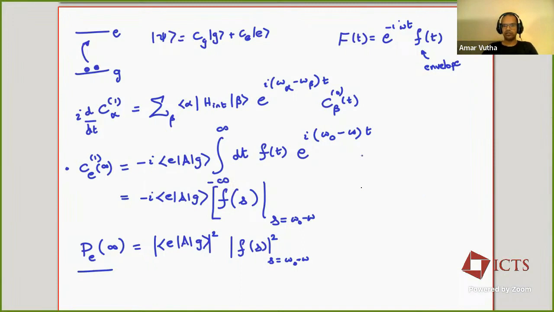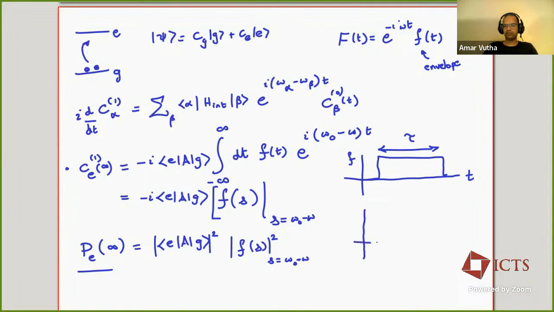So if I choose to only light up my atoms with a pulse from the field for some time tau, say, that's my f of t function in the time domain. Well, you all know what it looks like in the frequency domain.